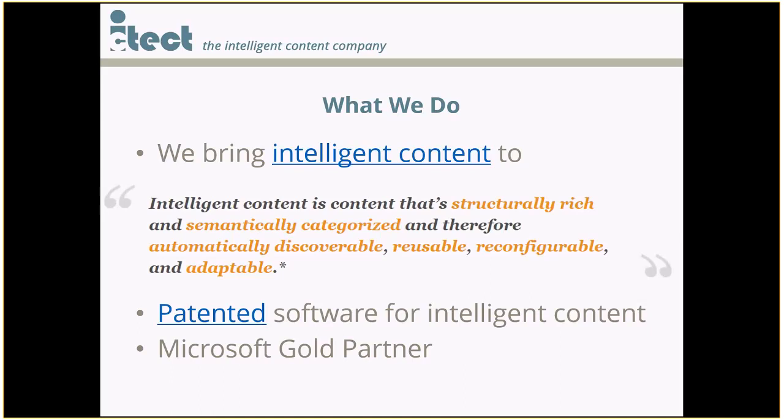Intelligent content is content that's structurally rich, semantically categorized, and therefore automatically discoverable, usable, reconfigurable, and adaptable. That's a lot to expect from intelligent content. The title Smart Procedures is based on that, so hopefully you'll see some of that in the demo.